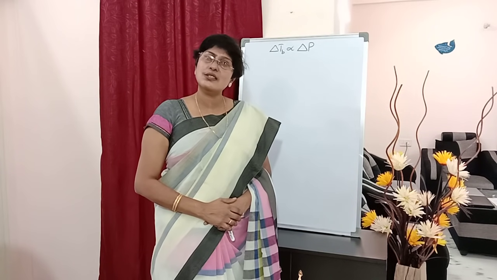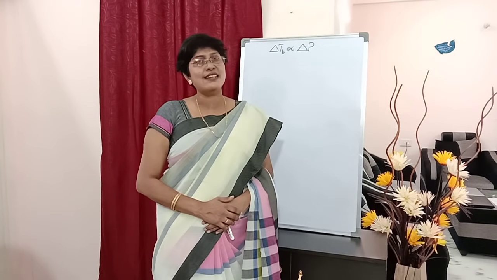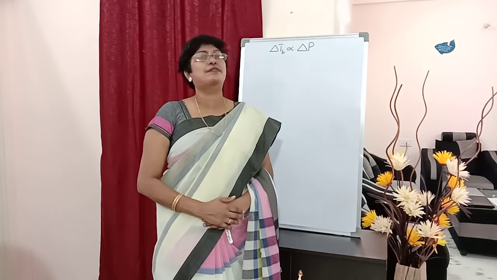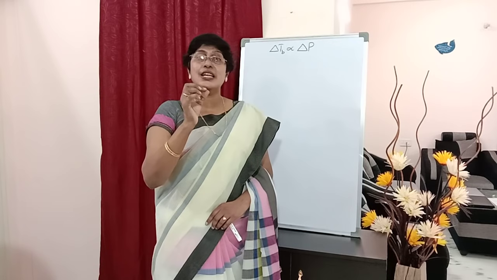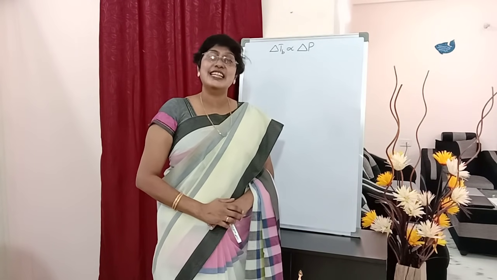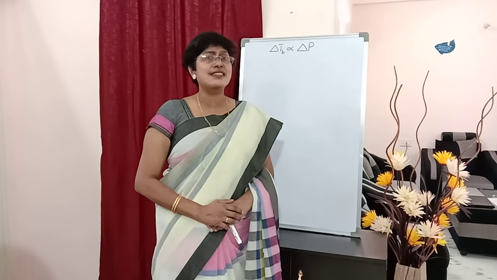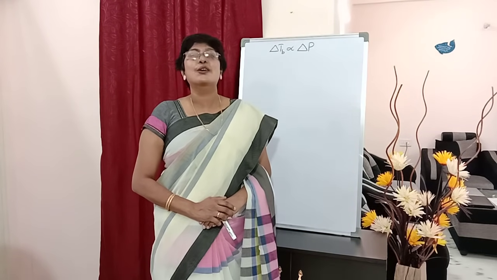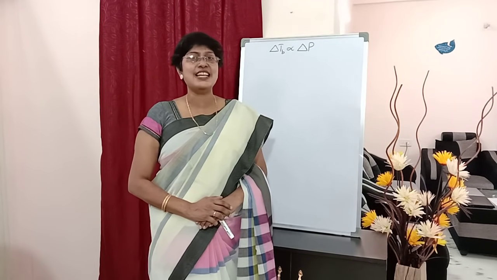And from those straight lines we have seen two similar triangles, and we have done a small portion of the derivation from which we have come to a conclusion that delta TB is proportional to delta P. So in words we have written it as, students, elevation in boiling point is directly proportional to lowering of vapor pressure. Right? We stopped there, right?